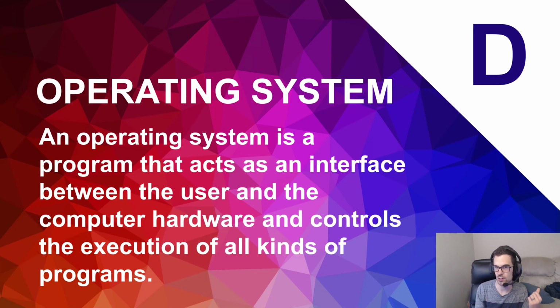So back to the definition of what we learned last class period, which is what is an operating system. An operating system is a program, again, that's the key word, program, that acts as an interface between the user and the computer hardware.